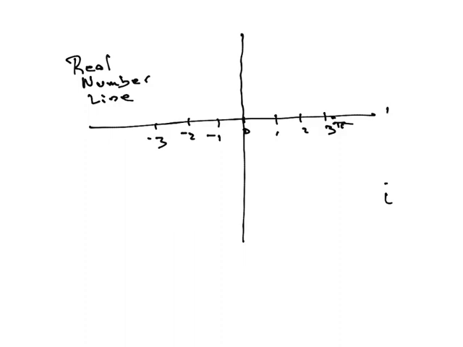So now the x-axis of this coordinate system is the real number line, and the y-axis we'll call the imaginary number line. Here we'll have i, 2i, 3i, and so forth, and down here -i, -2i, and so forth. Very similar to the real number line, it's just that the number line on the vertical axis has i's on it.